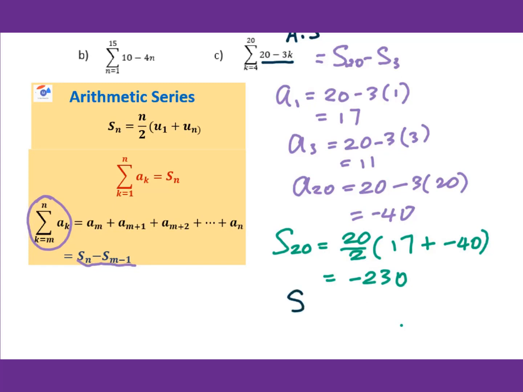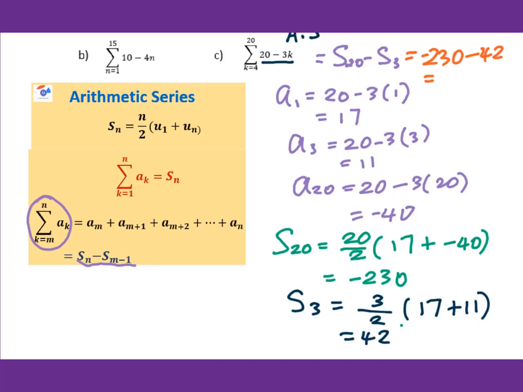For S sub 3 equals 3 over 2 times 17 plus 11, you will get 42. Now we plug in here, you get negative 230 minus 42. You will get negative 272.